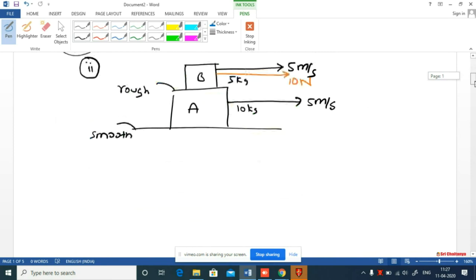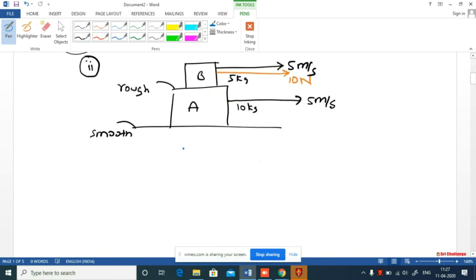Now in this particular case, the question is same: is V relative equal to 0? The answer is yes, which means that now friction cannot be kinetic, so no Fk. This conclusion we have already reached, but this is not sufficient to tell whether static friction will be present or not.